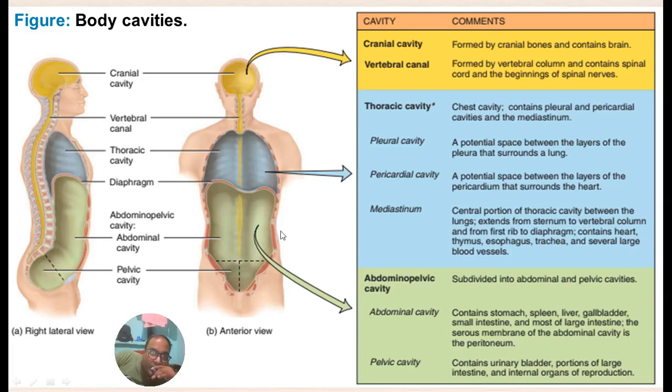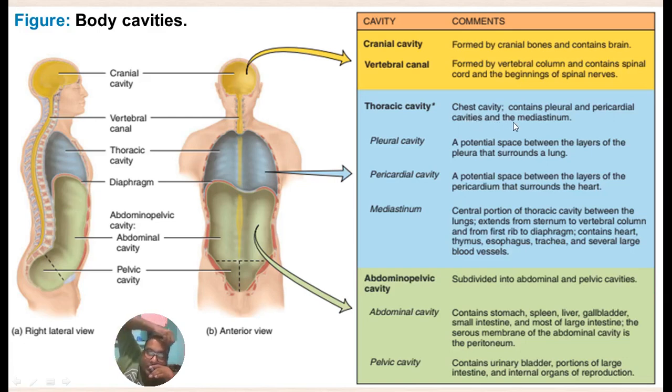Let's study about them. The cranial cavity is formed by cranial bones and contains the brain. The vertebral canal is formed by the vertebral column and contains the spinal cord and the beginning of the spinal nerves. The thoracic cavity, the chest cavity, contains the pleural and pericardial cavities and the mediastinum.